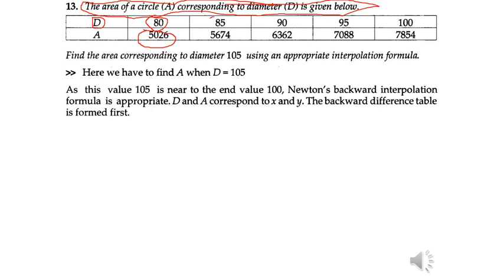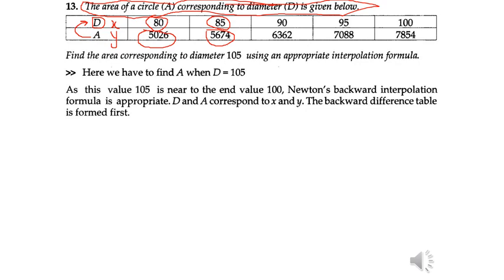And when your diameter is 85, your area of that circle is this, and so on. So area depends on the diameter. Area of a circle depends on its diameter. So you can take this diameter as the values of x, and the area as the values of y.